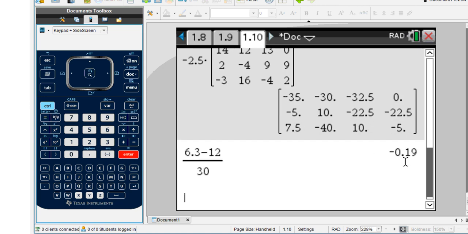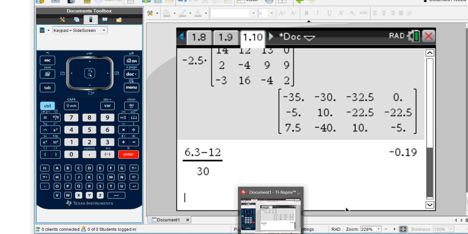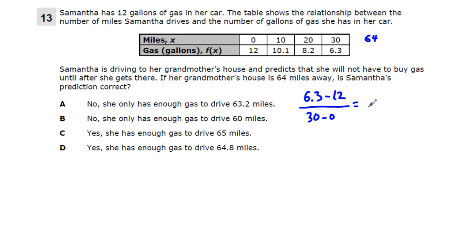So negative 0.19. So that's our slope, negative 0.19. So that's going to be our function. We take miles times the slope, and it's going to be plus 12 because that's going to be our y-intercept.